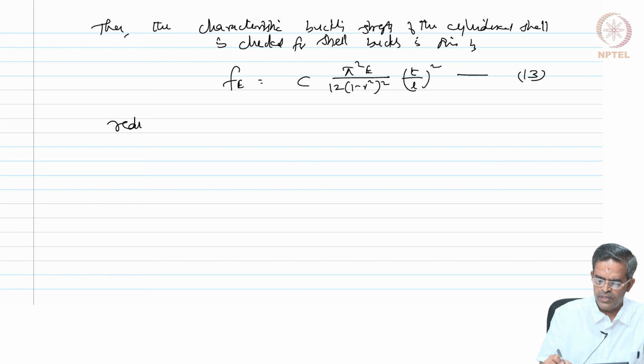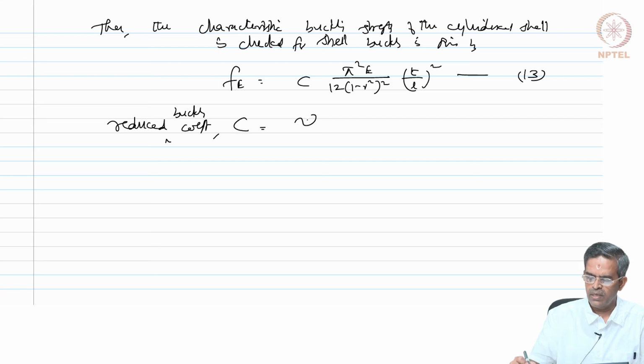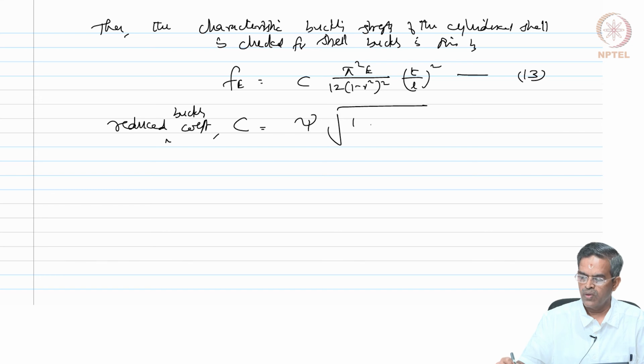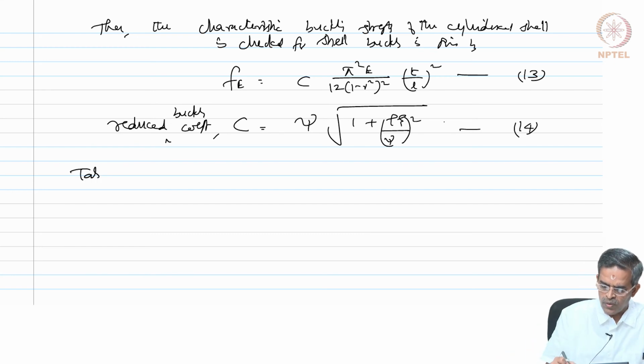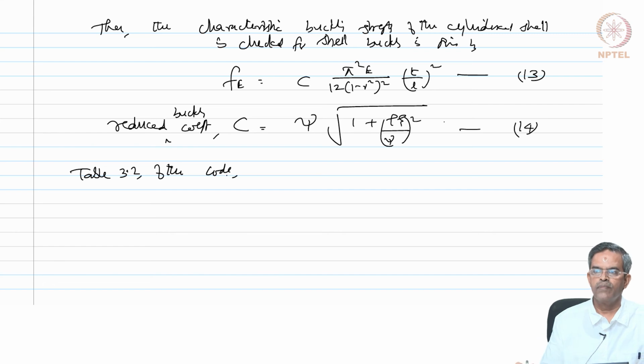Now, the reduced buckling coefficient C is given by psi times square root of 1 plus rho xi by psi the whole square, equation 14. So, from table 3.2 of the code, psi is 4.